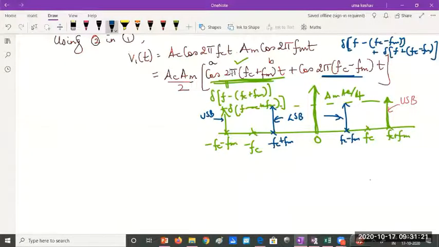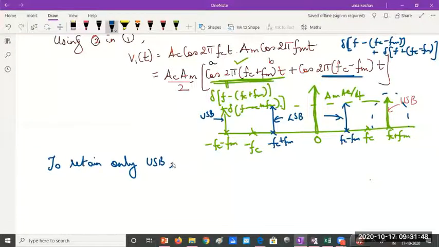So what you can notice is in this equation, if I want a single sideband, say to retain only USB, what should we do? If I want only USB retained, I should take out only this part. You should have a filter to take out only this part.